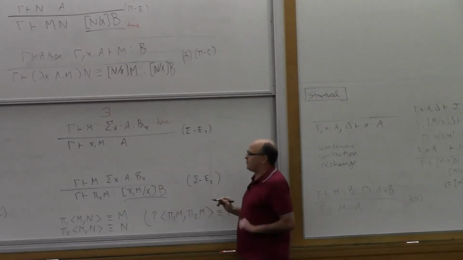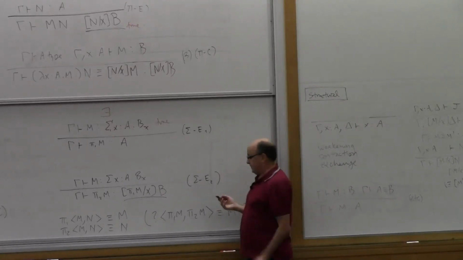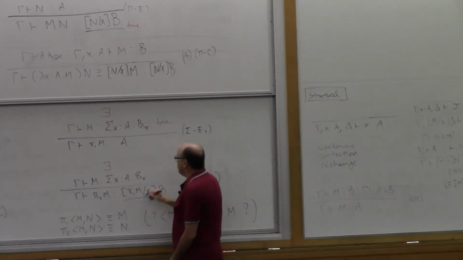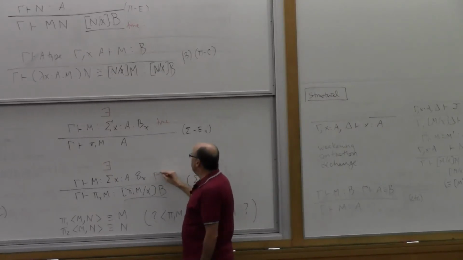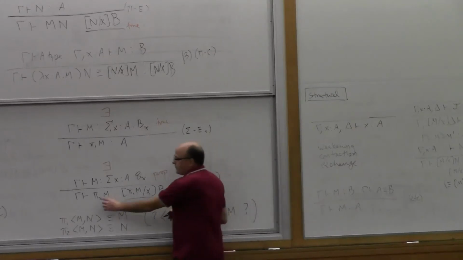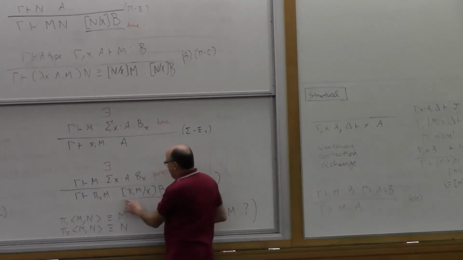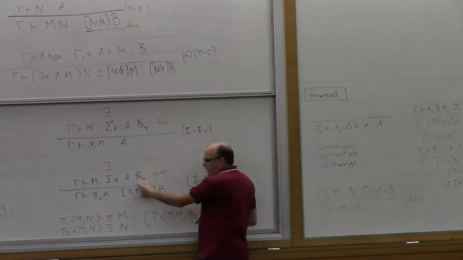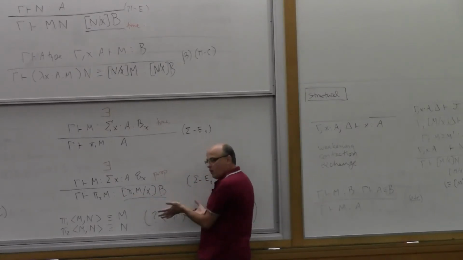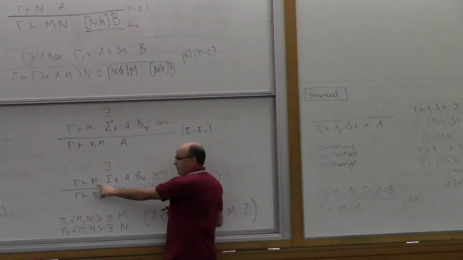So this does not correspond to a rule in conventional logic. And this one is only worse. If you make this into an existential quantifier, the M colon means this proposition is true, then you're able to extract from it another proof, which is a proof that the quantified formula is true for that particular witness, pi 1 of M. I don't know what pi 1 of M is. For example, M could be a variable.